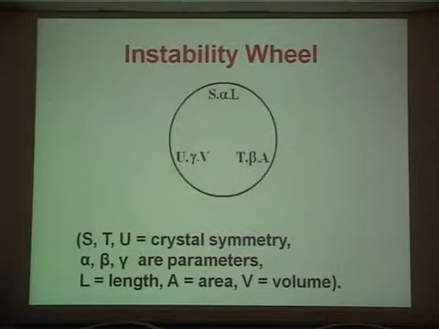If this is true at present conditions, I think in some other conditions the reverse can also happen. Maybe that is not known yet to the world's community. Maybe somebody will do it in the future. So for the sake of completion, I made one instability wheel where matter can transform from one form to another and vice versa.